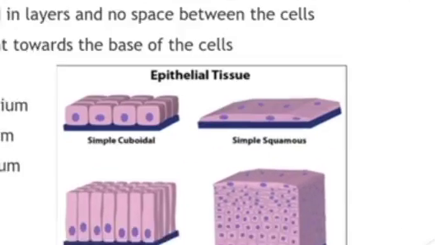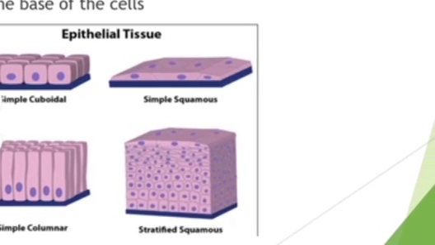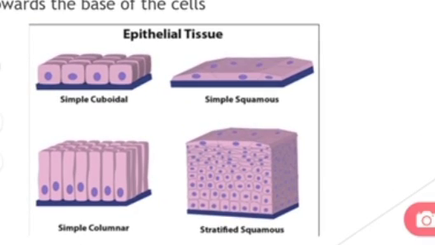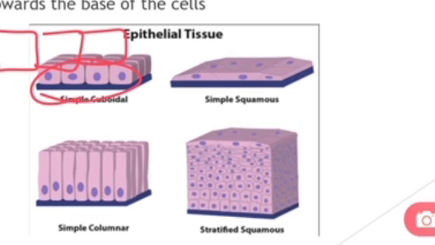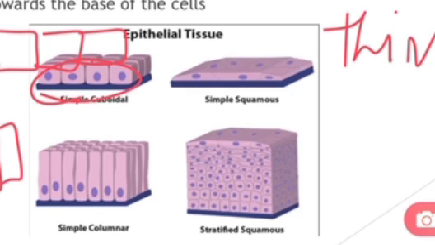If we see this diagram, we can observe that there are mainly four types of epithelial tissues. First is cuboidal. I think all of you know the meaning of cube, so these cells are cube shaped. Squamous means thin layer. Simple columnar means they are long shaped, like a column.